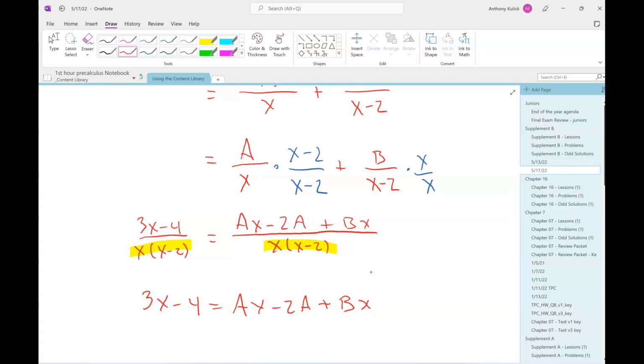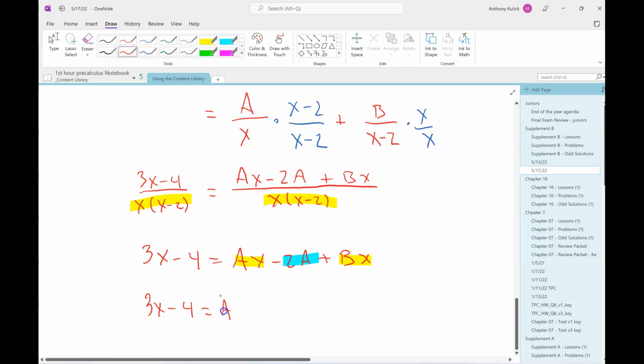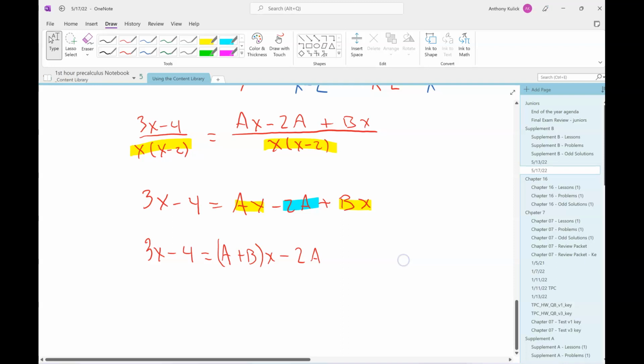And what I'm going to do now is take the x parts and group them together, and the constant parts and group those together. Is everybody all right with that?